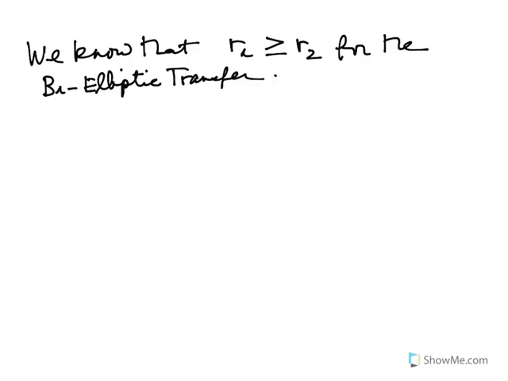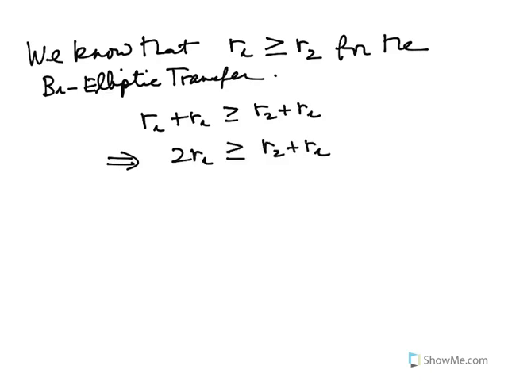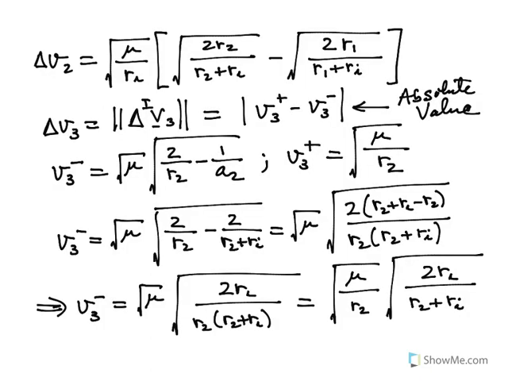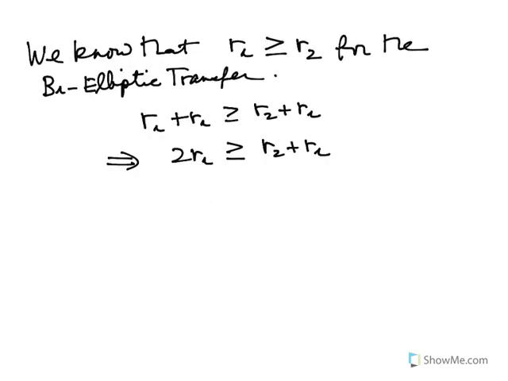we know that if I take Ri and I add R2 to both sides, well, that gives me 2Ri is greater than or equal to R2 plus Ri. Now suppose that I divide both sides. If you look at this expression for V3 minus, it's got an R2 times R2 plus Ri in the denominator. So suppose I divide by exactly that quantity.